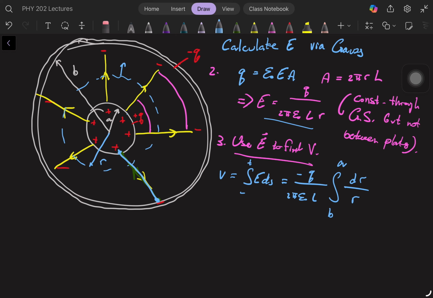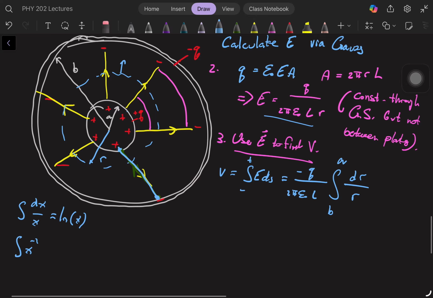And then over r. Right, and so the integral of dr over r, right? I mean, if we said dx over x, that's going to give us the natural log of x. Right, so the integral of x to the negative 1 gets a little wonky because if you do x to the n plus 1, you get an x to the 0, then you divide by 0, you're having a bad time. And so we have this identity, which I'm sure was proved in a few of your calc classes.